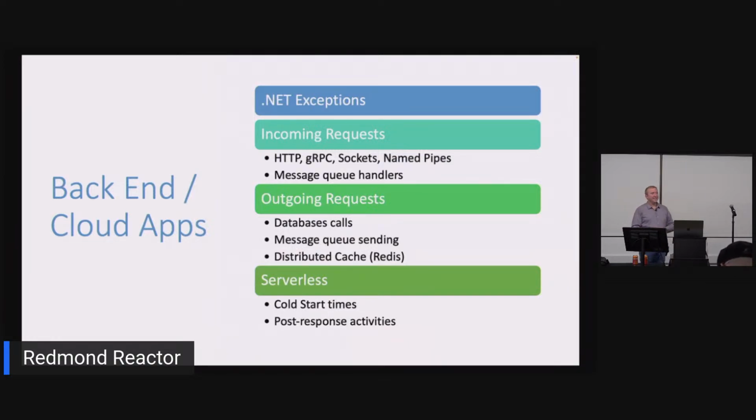Along with, did it successfully process it, or did it send it back onto an error queue or a dead letter queue? Anything that you might be doing needs to be instrumented, basically. I think I mentioned earlier, but like distributed cache is used a lot on backends. The main thing that I think is different that I will call out is serverless. So Azure Functions, AWS Lambda, GCP Cloud Functions, and Google.